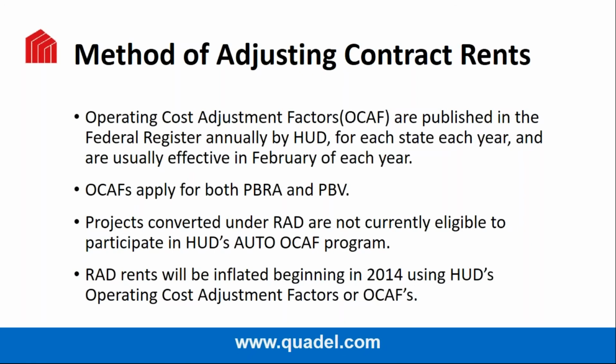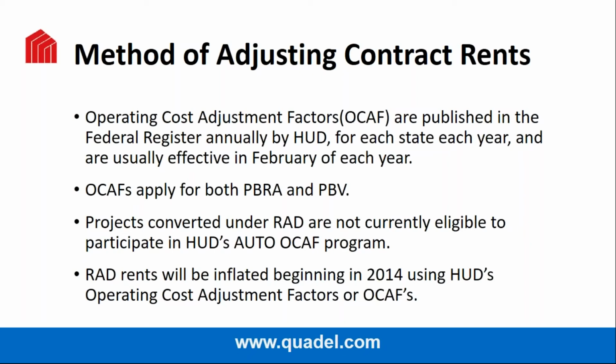I'm sure you'll know by now that there are a multitude of HUD acronyms used in our lines of business on a daily basis, and we may be adding to your repertoire of some of these acronyms under RAD here today. But OCAF factors essentially are published annually by HUD in the Federal Register around October each year, and they're typically effective in February of the following year.